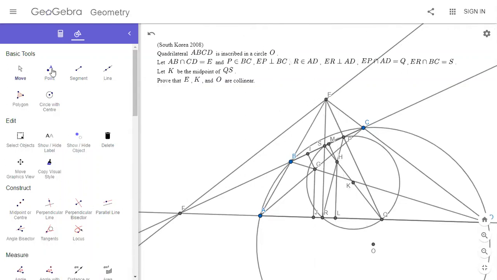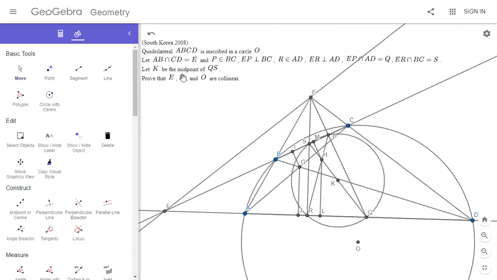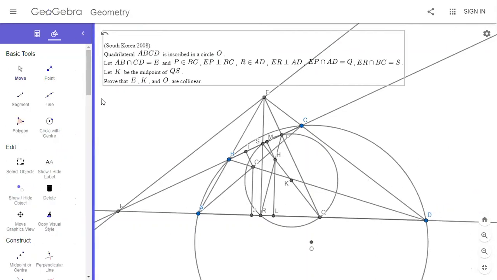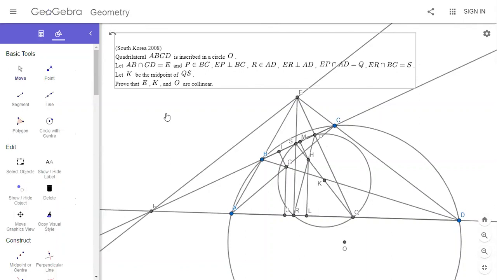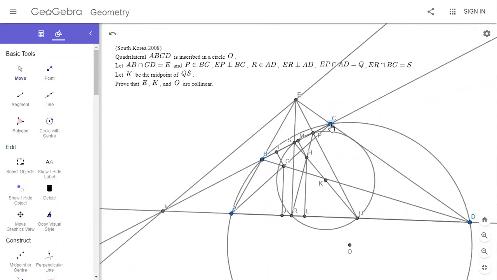I've seen that used before. So GI over GJ, that's the same as BC over AD, because those two triangles are similar.